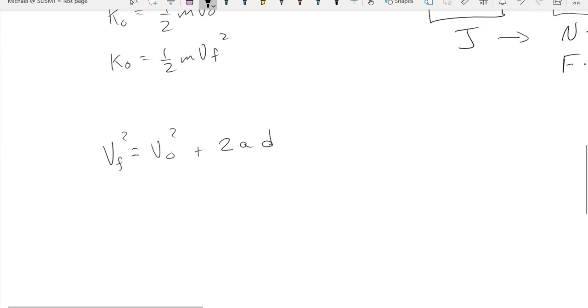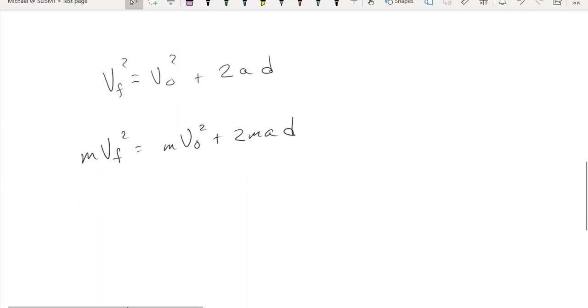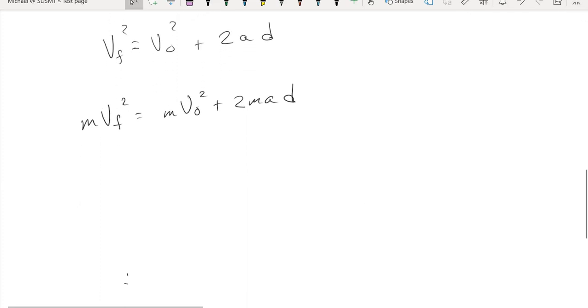There's a lot of different options, but I'm going to multiply both sides of the equation by mass. And that means every term in the equation will get a mass. Now, your first instinct is to go through and factor out the mass, but don't do that. We want the mass to be in there.